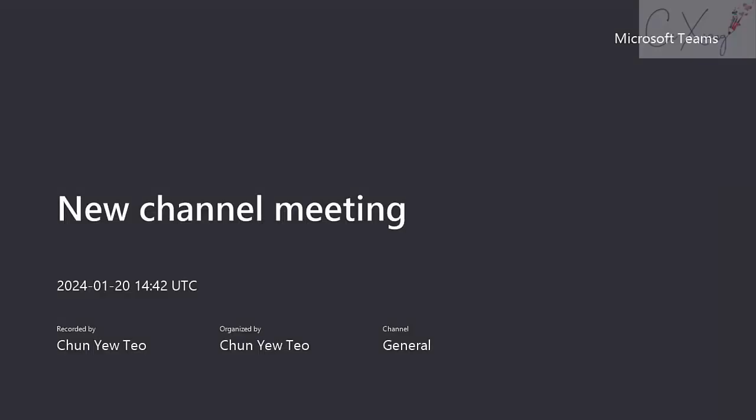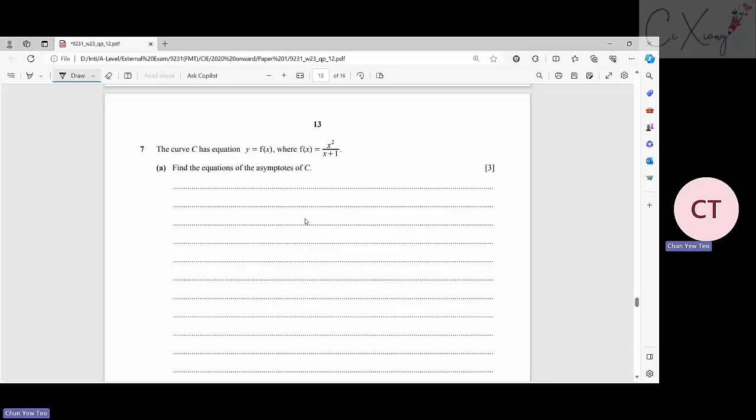Now we take a look at question number 7. The curve C has the equation y equal to f(x), where f(x) equals x squared over x plus 1. Find the equations of the asymptotes of C. For this question, for the vertical asymptote, just let your denominator equal to 0, and then you get x equal to -1.